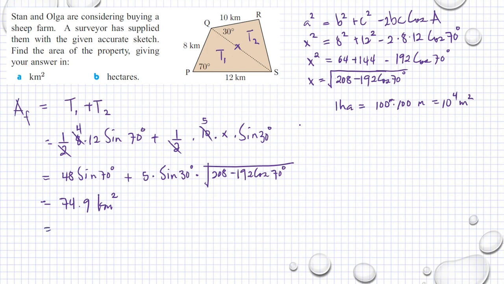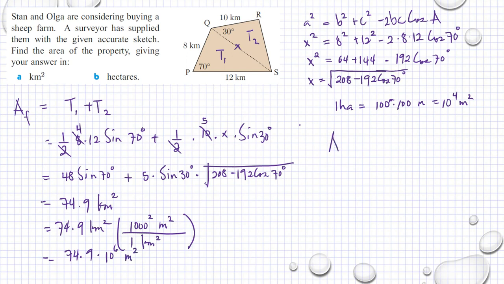So if we're going to change the unit into square meter, 1 kilometer is 1,000 meters, that means the square of that is 1,000,000 square meter. Then we have 74.9 multiplied by 10 raised to 6 square meter.